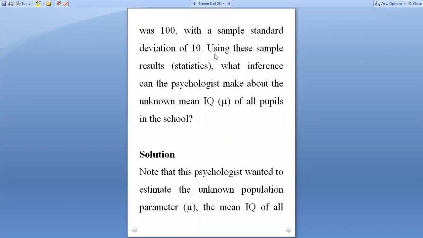Remember, this sample must be chosen randomly. If it is not selected randomly, your estimation may not be correct. That's why everywhere you see we are talking about a random sample.